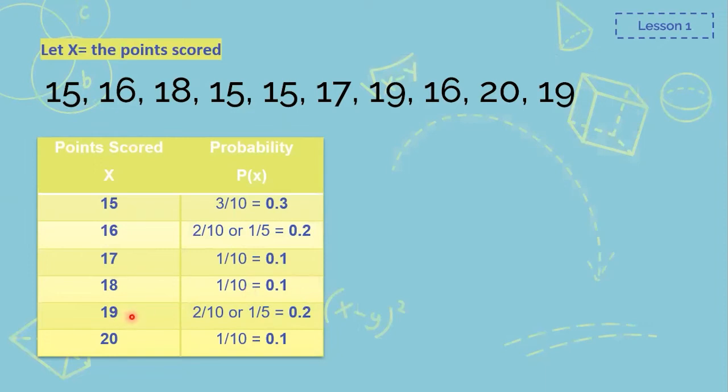We have 0.2 for 19 as there were 2 students who scored 19, followed by 1 student who scored 20, which resulted in 0.1.